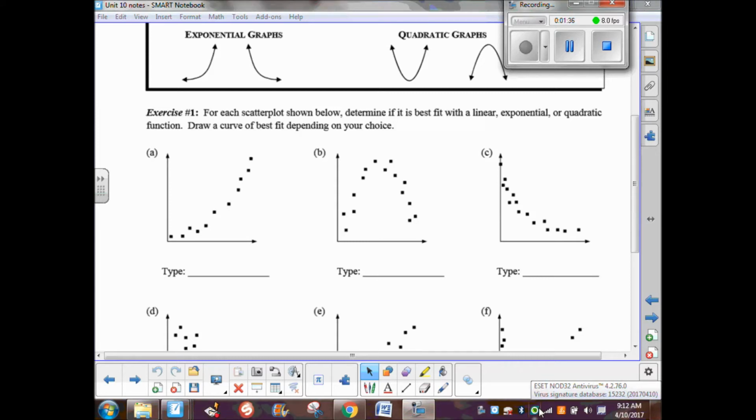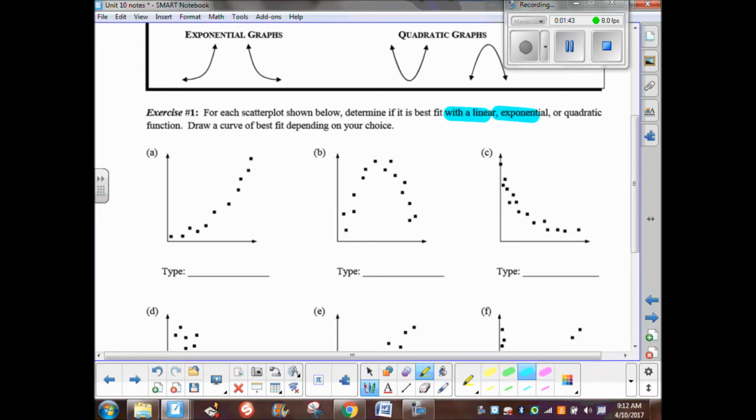For each scatter plot shown below, determine if it is best fit as a linear, exponential, or quadratic function. Draw a curve of best fit depending on your choice. So go ahead and draw in what you think would be best. Linear, exponential, quadratic. All right, that first one kind of got that curve to it, so that one would be exponential.